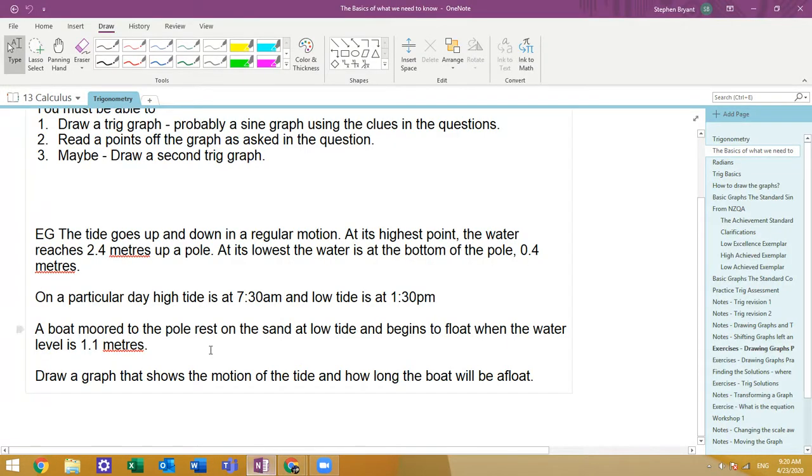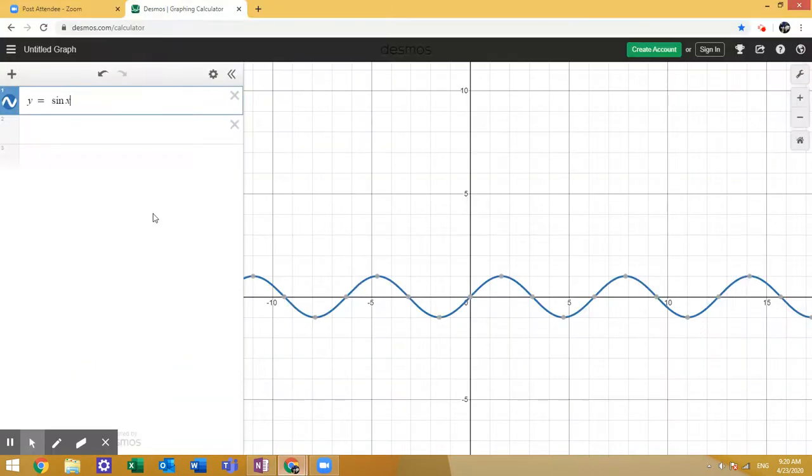The clues in my question tell me that it goes up and down from 2.4 meters all the way down to 0.4 meters. So if I subtract those, 2.4 meters take away 0.4 meters, I'm going to get 2 meters. So I'm going to go back to my graph.